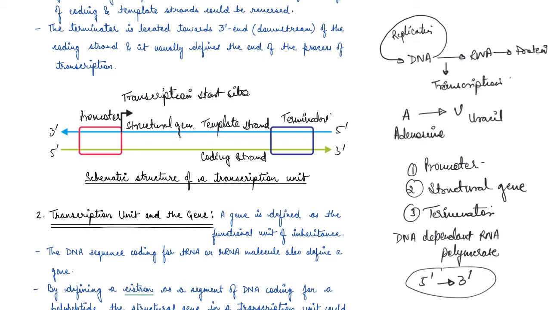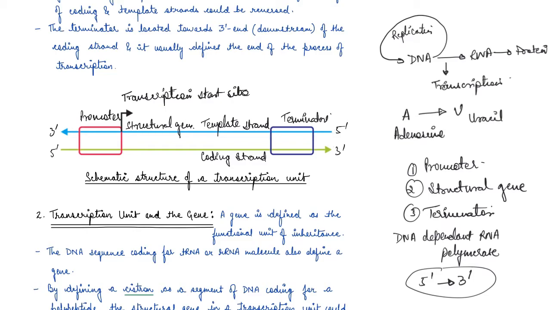Upstream. Now, it is a DNA sequence that provides a binding site for RNA polymerase, right? And the presence of the promoter region in a transcription unit also defines what would be the template and what would be the coding strand.